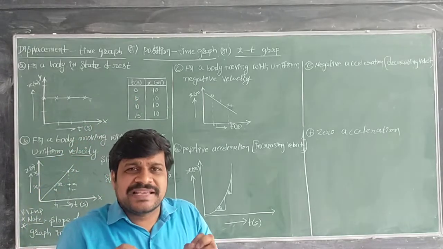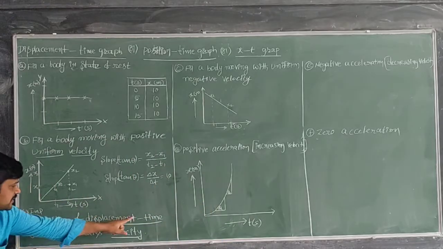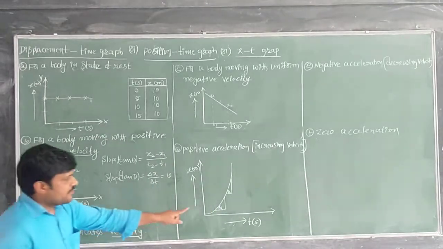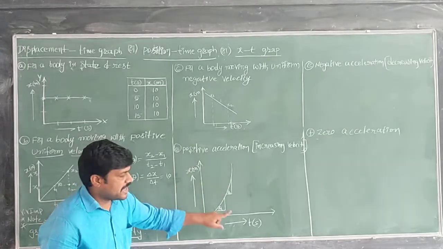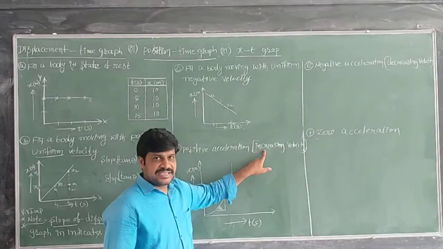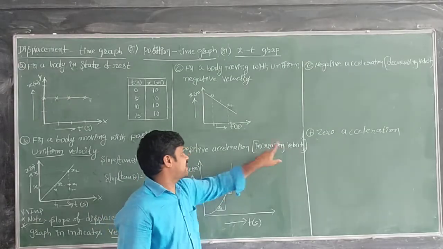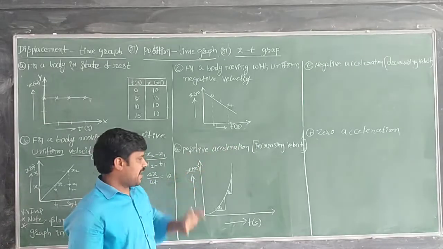The slope of the displacement time graph is nothing but velocity. From here to here, the slope of the displacement time graph is increasing, which means obviously the velocity is increasing. Increasing velocity indicates positive acceleration.